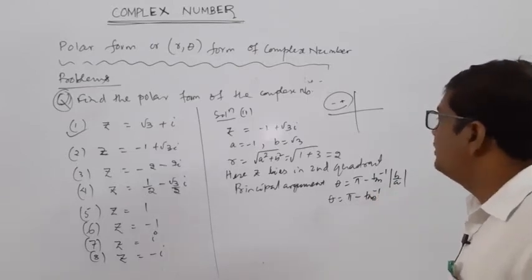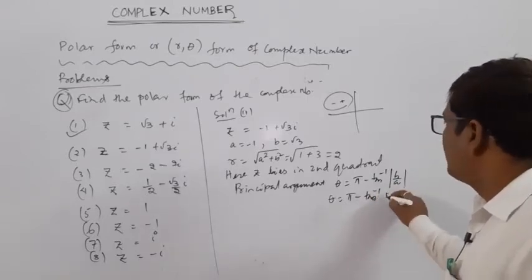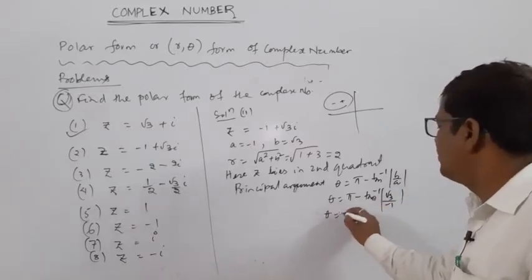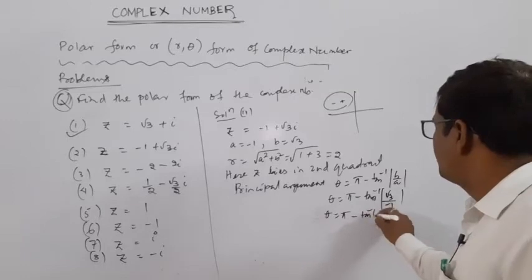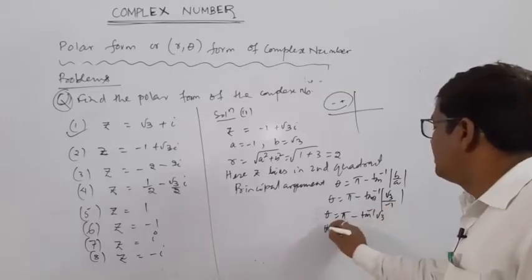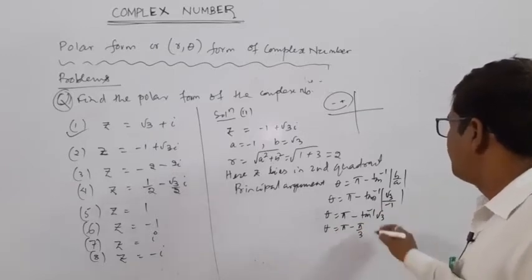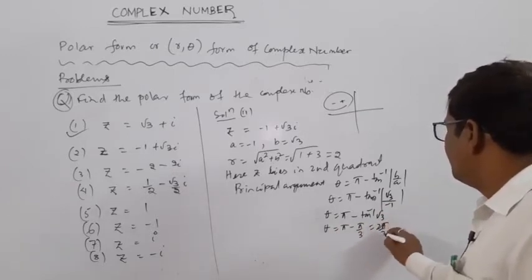What is b here? Root 3, and mod of minus 1 is 1. So theta is equal to pi minus tan inverse of root 3, that is pi minus pi by 3, that is 2 pi by 3.